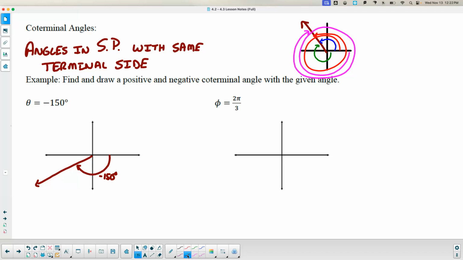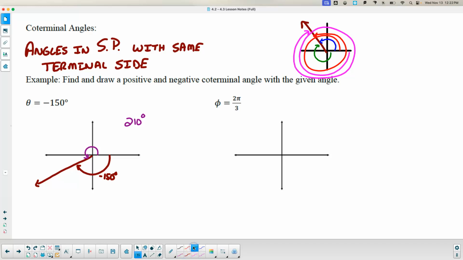So that is negative 150 degrees. If I go in a positive direction, what would this angle be? 210 degrees. Yep. So 210 and negative 150 are coterminal degree measures.